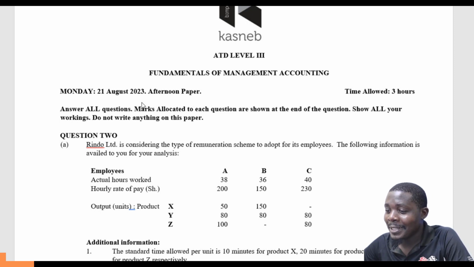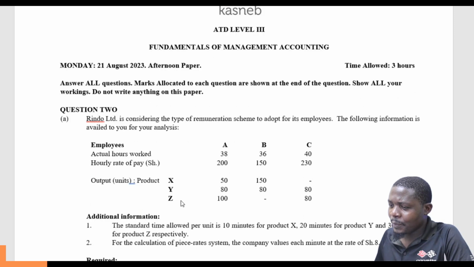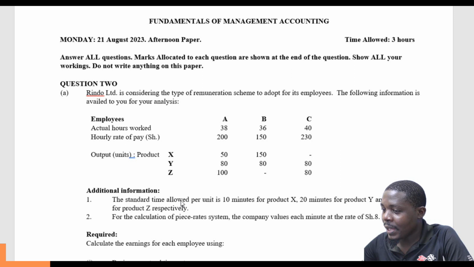Additional information. The standard time allowed per unit is 10 minutes for product X, 20 minutes for product Y, 30 minutes for product Z respectively. For the calculation of this rate system, the company values each minute at the rate of 8 shillings.